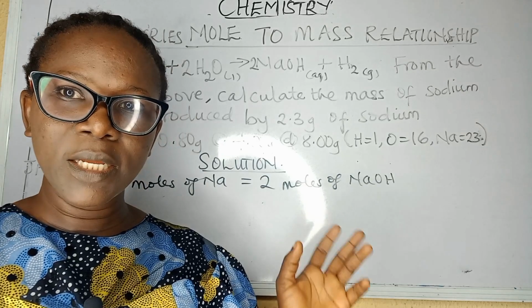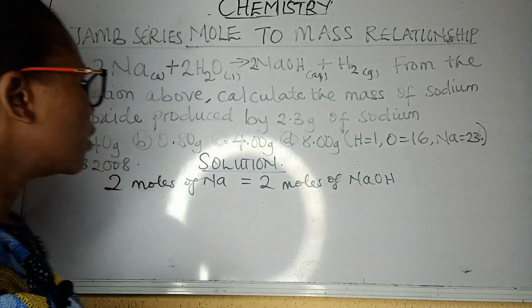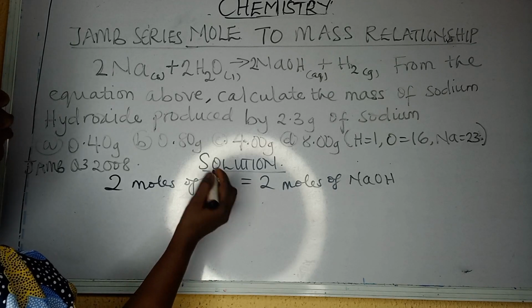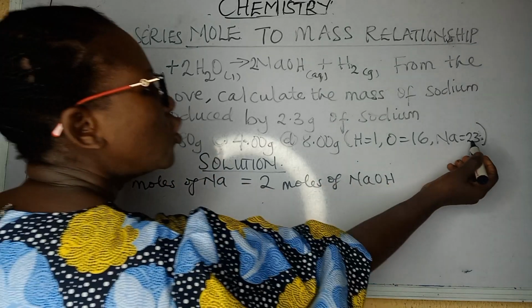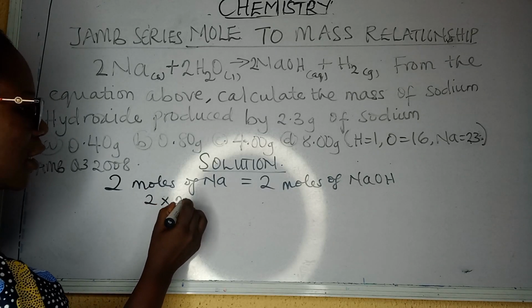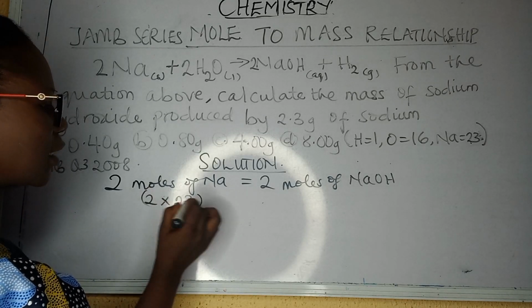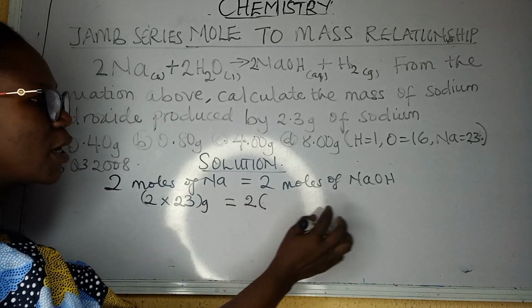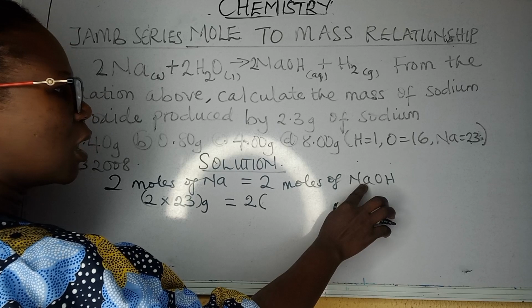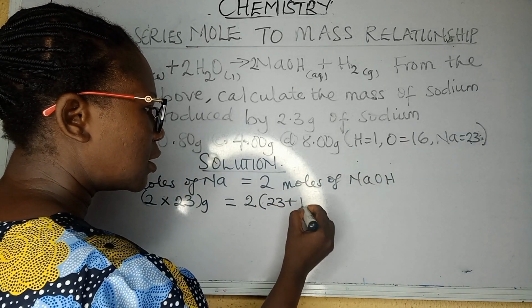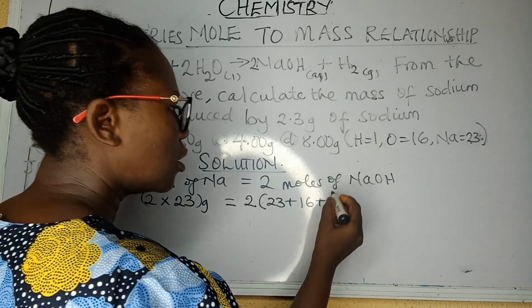I'm going to do an example. I will do it for you now. Now, 2 moles of sodium, meaning that the atomic mass of sodium in the question is 23. Because we have 2 moles, we multiply it by 23, and everything is in gram. Yield 2 moles of sodium hydroxide, that is 2 into bracket: sodium is 23 plus oxygen 16 plus hydrogen 1.